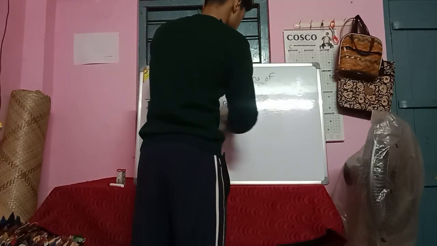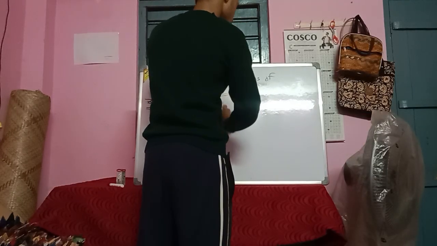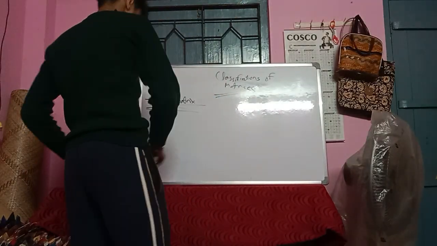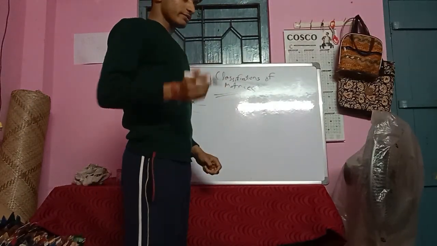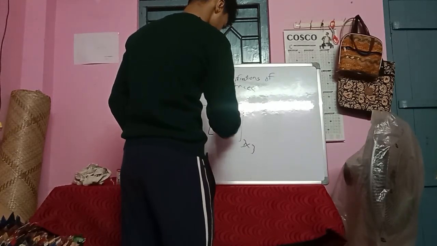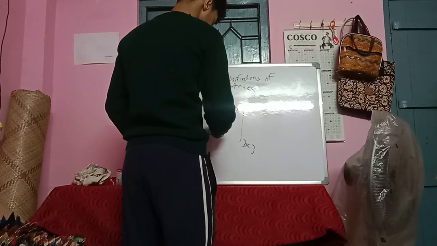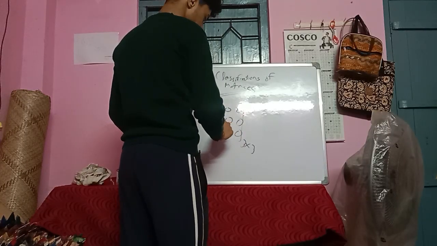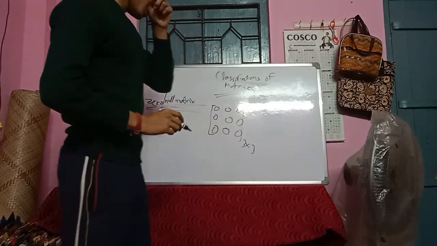As the name suggests, a zero matrix or a null matrix would be a matrix in which every element is zero. Like here we have a matrix of 3 by 3 order, in which every single element is zero. This one would be called a zero matrix.